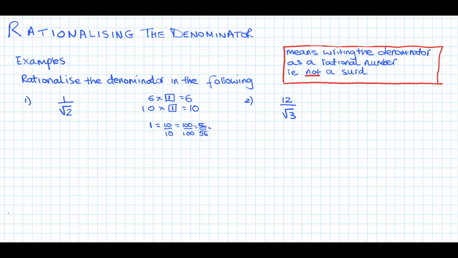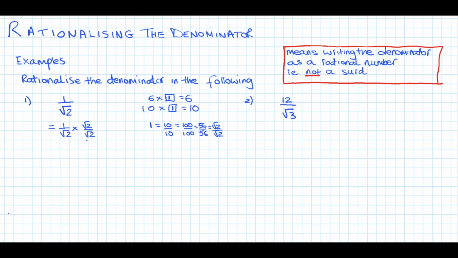So do you agree that root 2 over root 2 is also 1? And that if we multiply something by 1, we don't change the value, and we can write 1 in some other form. So let's write this. 1 upon root 2 is equal to 1 upon root 2 times 1. And that doesn't change it, but we're going to write 1 as root 2 over root 2.